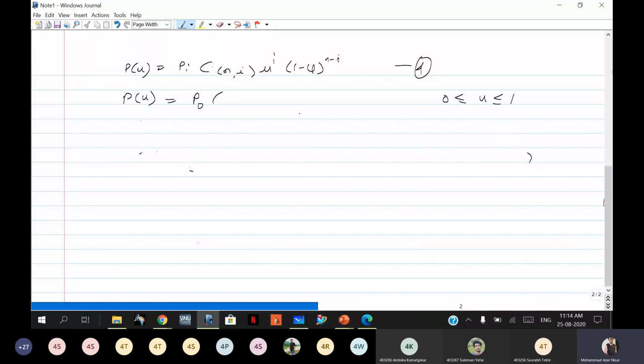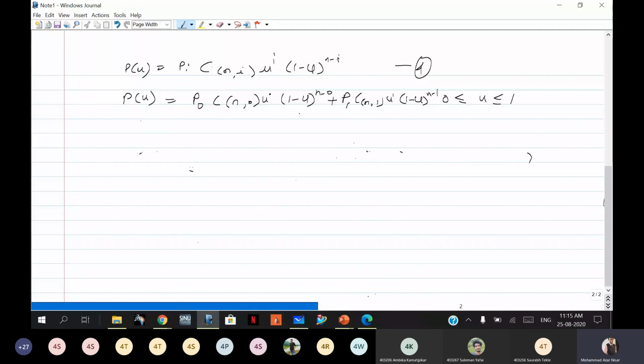Then P0 times C(n, 0) u raised to 0, then (1 minus u) raised to (n minus 0). So here we have taken the i value equal to 0. Then again P1, now we are taking i value equal to 1, C(n, 1) u raised to 1 and (1 minus u) raised to (n minus 1).